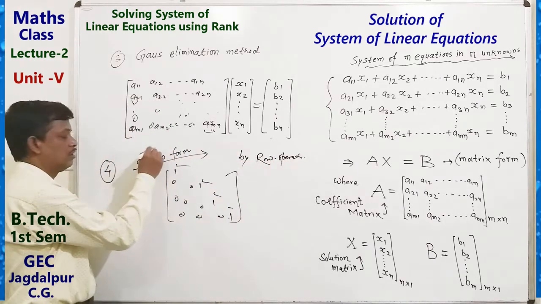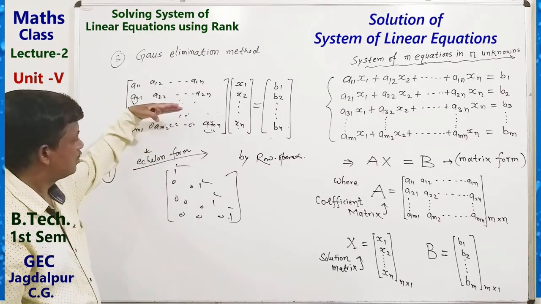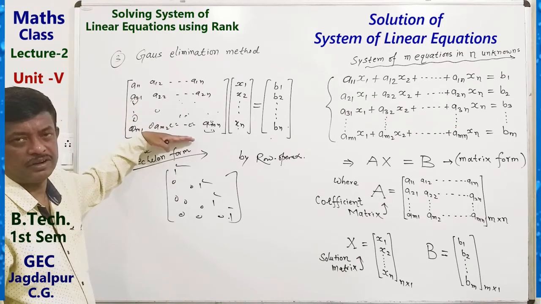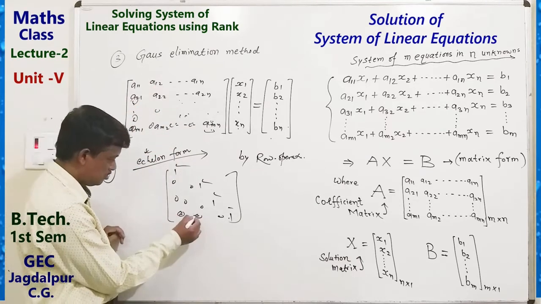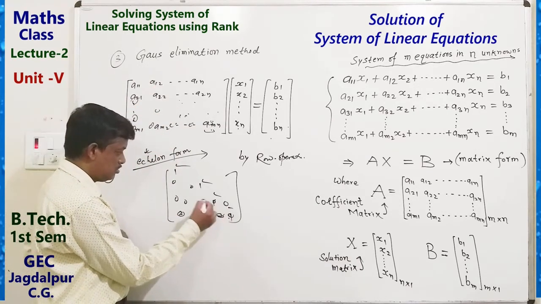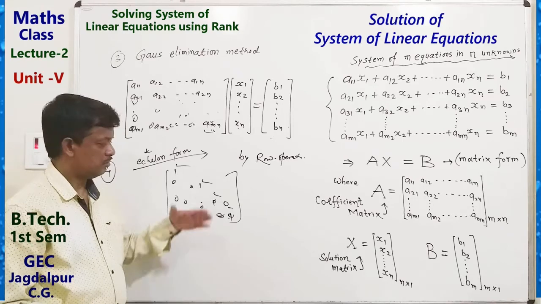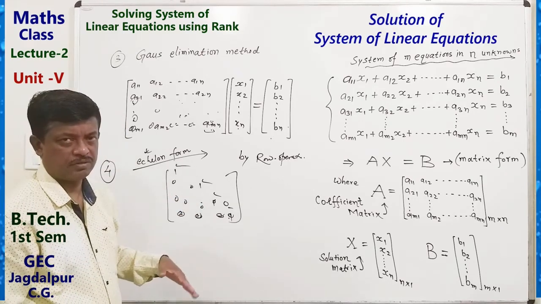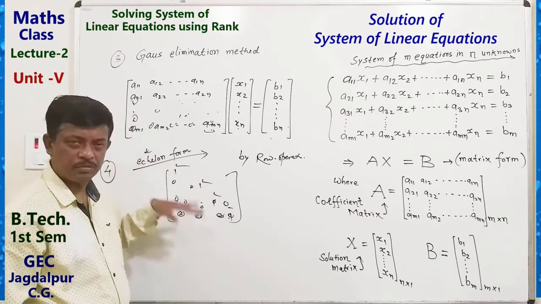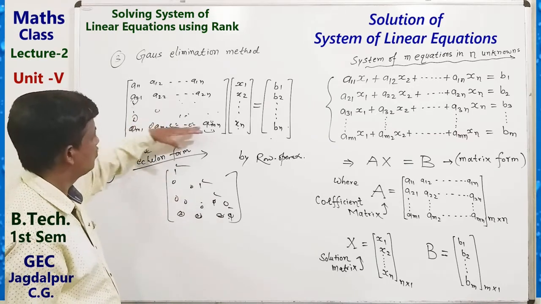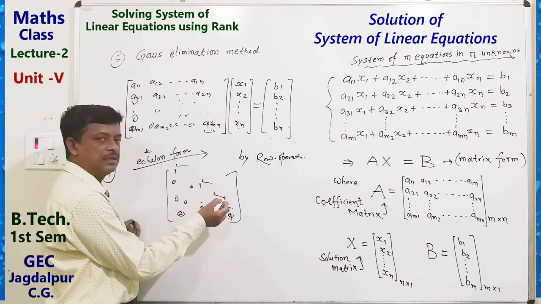Just converting into echelon form. In this case, we are eliminating unknowns from the bottom level, making 0s. The more 0s possible, the more we try to convert from the bottom side. That means we are eliminating unknowns from the bottom side, and finally we can get an echelon form.